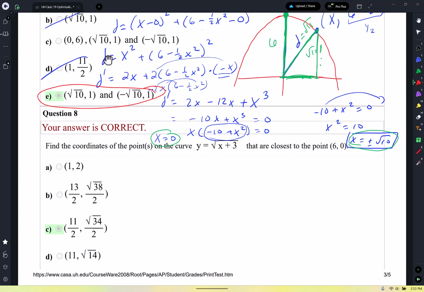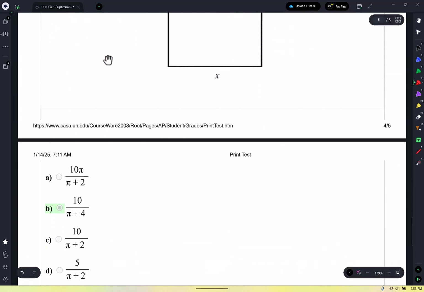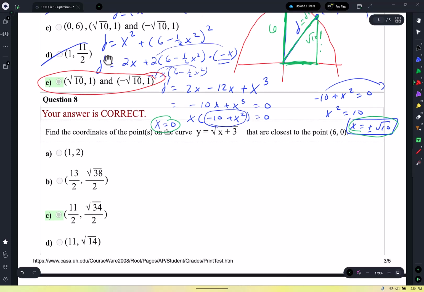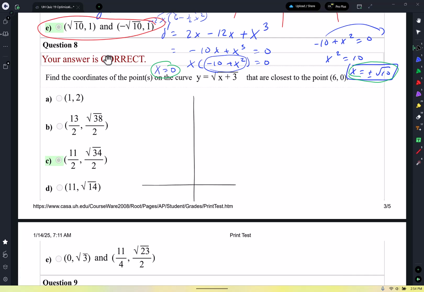How do we feel? Don't worry, guys. We're almost done. These next 3 are not too extreme, except for the last one. Question 8. That one's similar to the one in your notes, but do you guys want me to do it or no? Okay. So here it is. Here's my scale, or my grid, sorry. And the square root of x plus 3 is like somewhere here, negative 3.